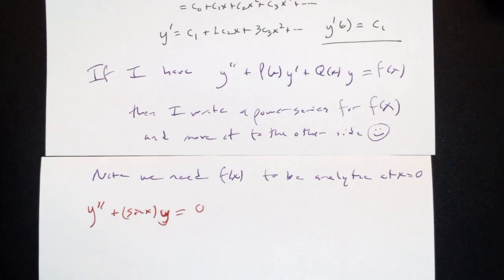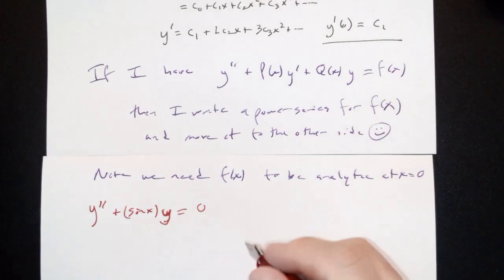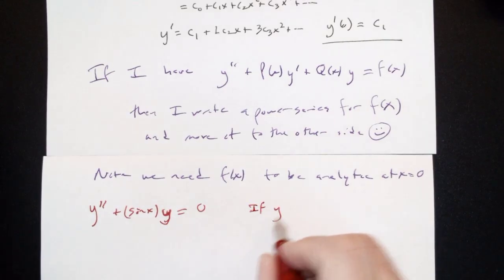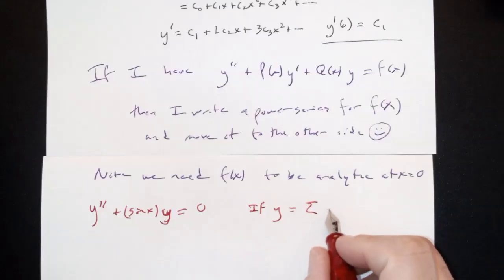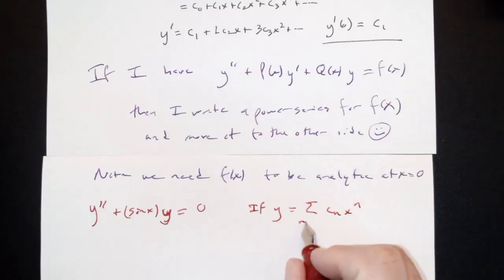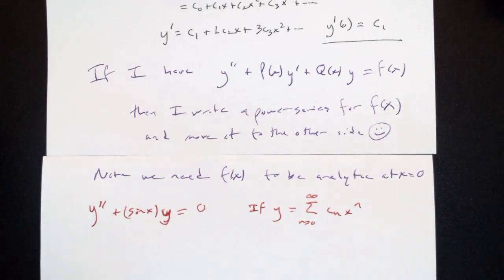But I think that would suck because that's sine of x. That's not a nice coefficient. That's disgusting. But if y is a power series, then I can say, hey, wait a minute, I have that power series for sine of x.